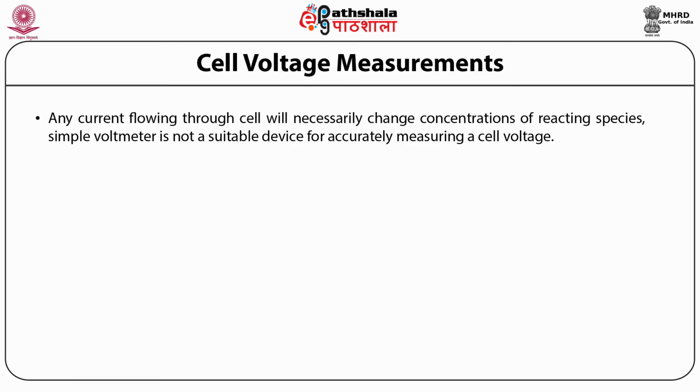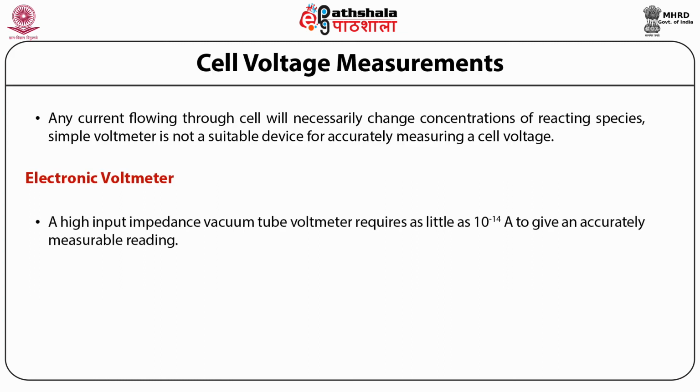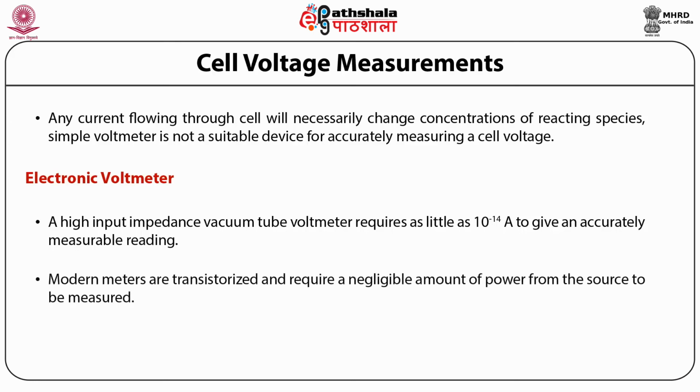Two alternatives are available. One is the electronic voltmeter. For this purpose, a high input impedance vacuum tube voltmeter requires as little as 10 raised to power minus 14 ampere current to give an accurately measurable reading. Modern meters are transistorized and require a negligible amount of power from the source to be measured.